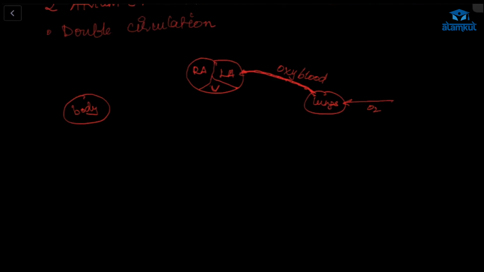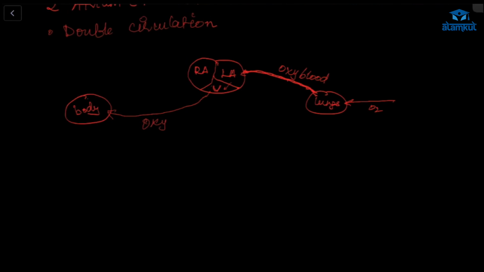After that it will go to the ventricle, and then it will be pumped out into all the parts of the body, oxygenated blood. Now all parts of the body will utilize this blood, and then they will excrete carbon dioxide. So deoxygenated blood from the body will go into the right atrium, right?